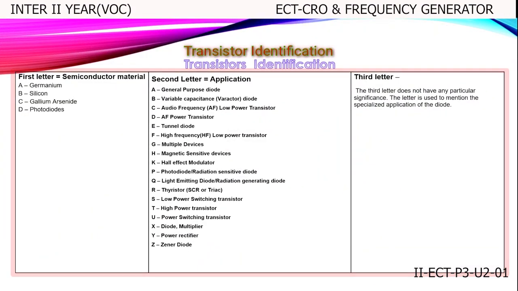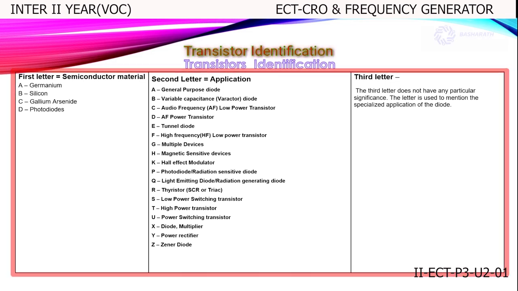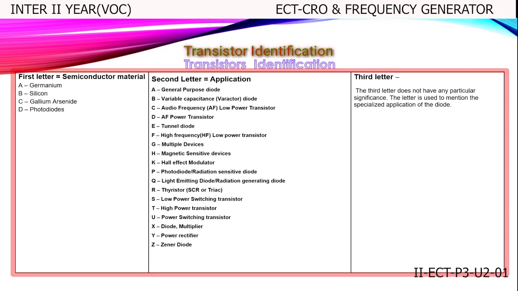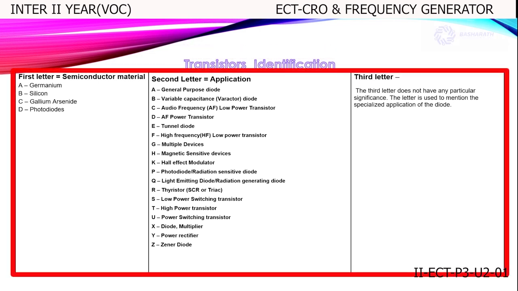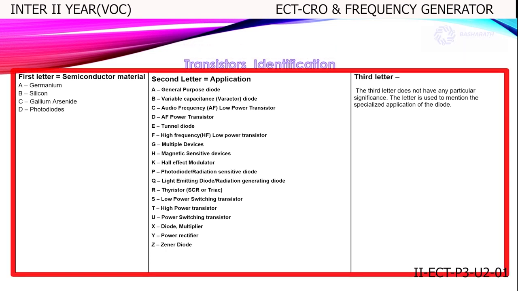Transistor identification. Each semiconductor device has a special numbering code as per the specification of those components. All components have a particular symbolic numbering with alphanumeric coding to represent their characteristics, the material and other parameters.